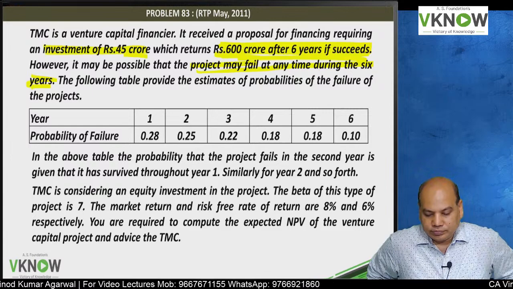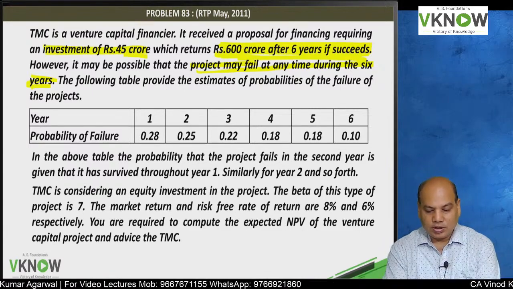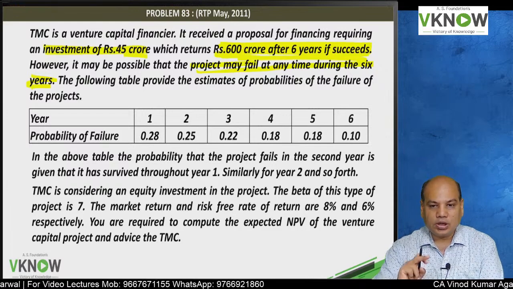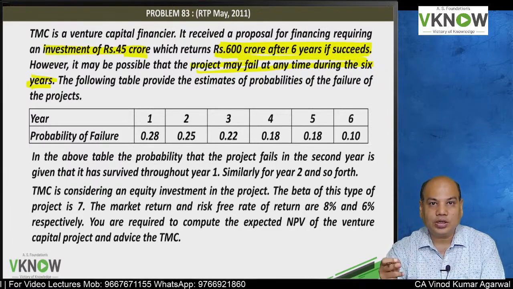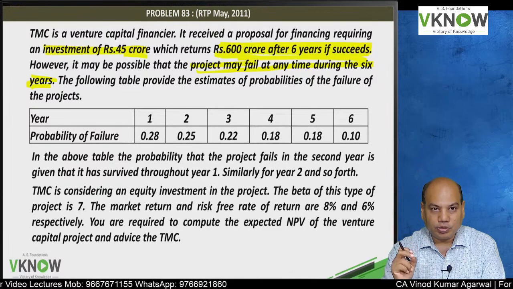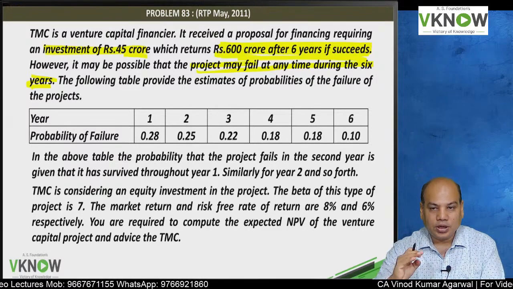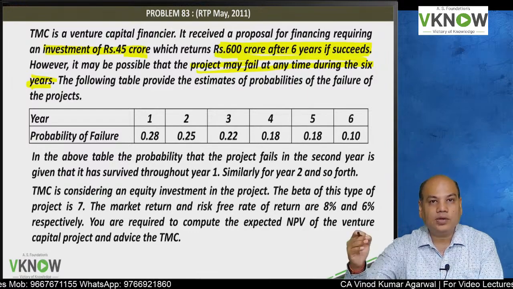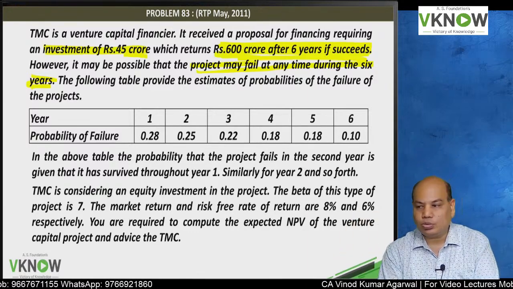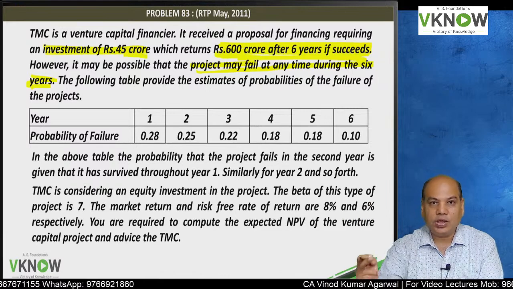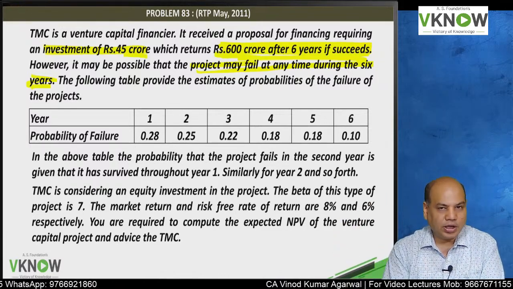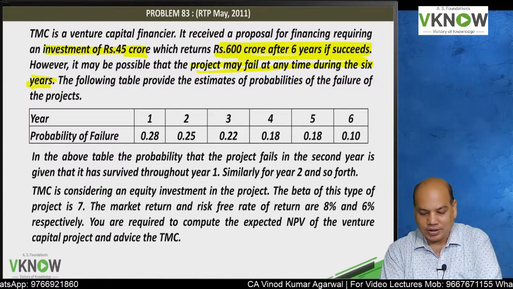It means that if the project has to be successful, it has to be successful in all the years. Then only finally you will be able to realize 600 crore. If it fails in between, the project will get over and you will not get anything.